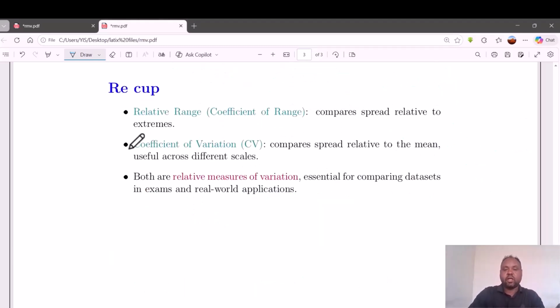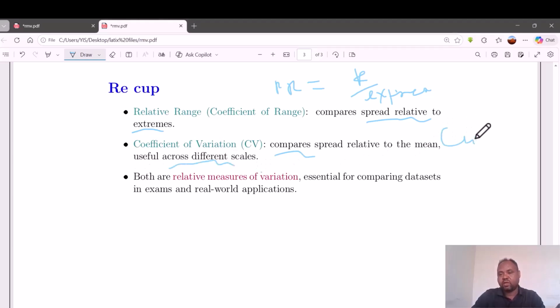In general, let us see the important recap of these two concepts. Relative range compares spread relative to extremes, which is the range relative to the sum of the two extremes. The second recap is about the coefficient of variation. CV compares spread relative to the mean, useful across different scales.